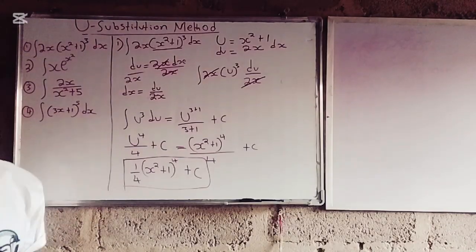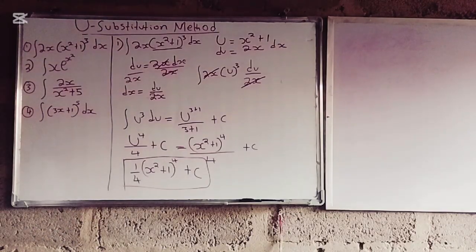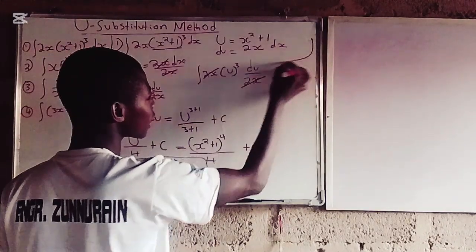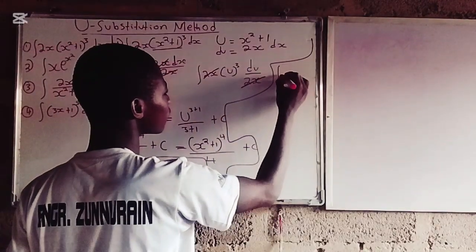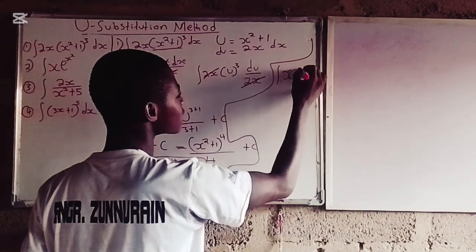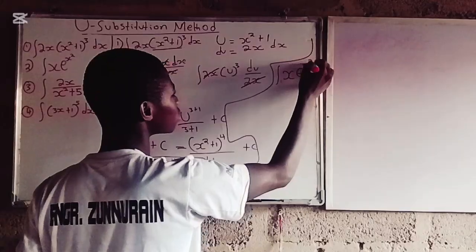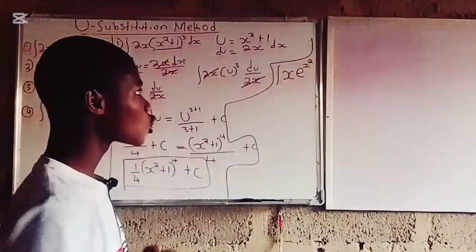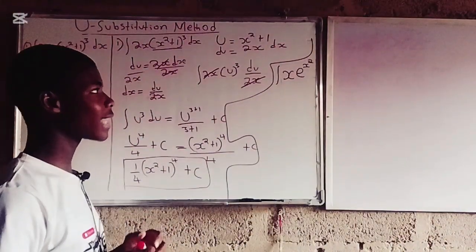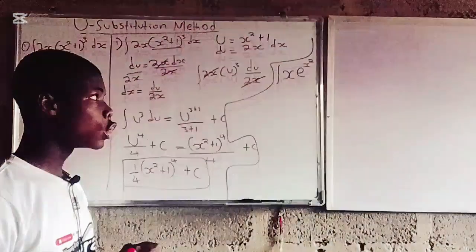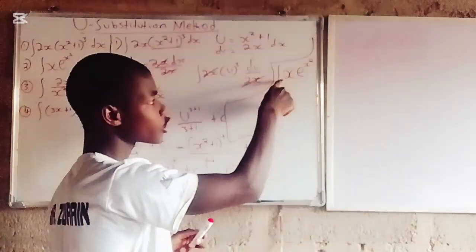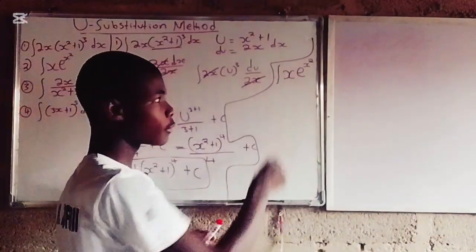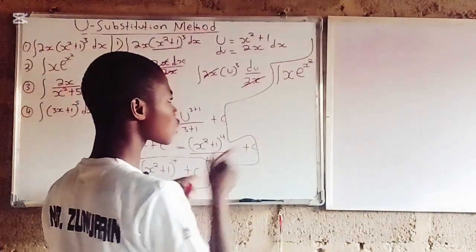So let's see how we can solve the second problem. The second problem says the integral of x e to the x squared. So what should I let be my u? There is no way that I will let this e be u, and there is no way that I will let this x be u, but I have to let this x squared be u.